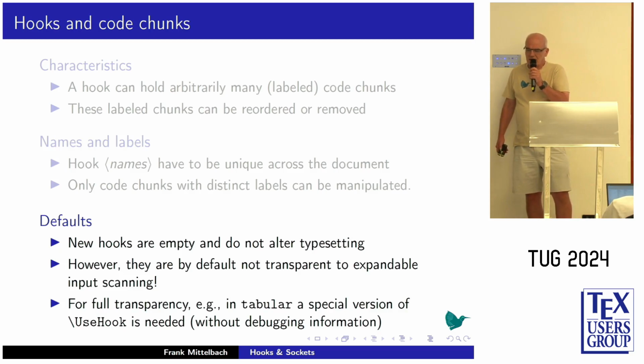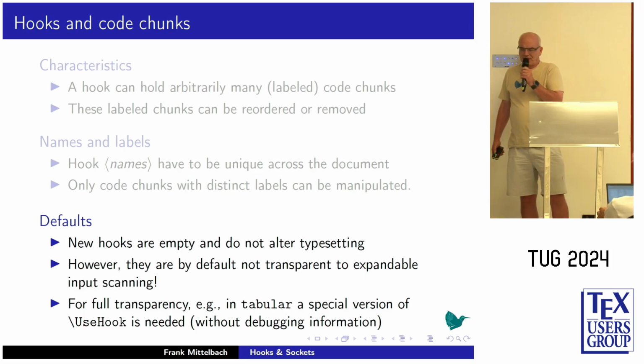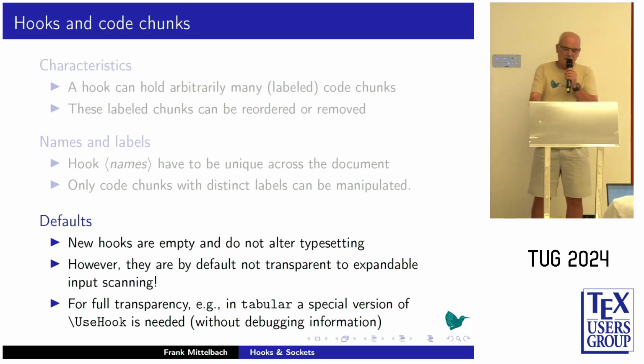The defaults. By default, if you have a new hook, it is empty and it does not alter the typesetting. If it is inside code, it is not completely transparent. If you have code that tries to look ahead in the input stream, for example, in tabular environments, TeX is scanning for the next @ sign at a very low level.